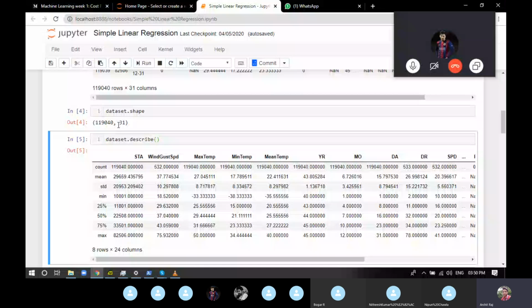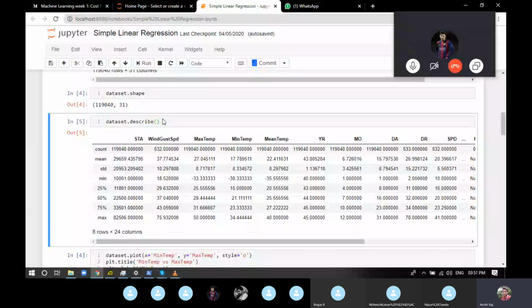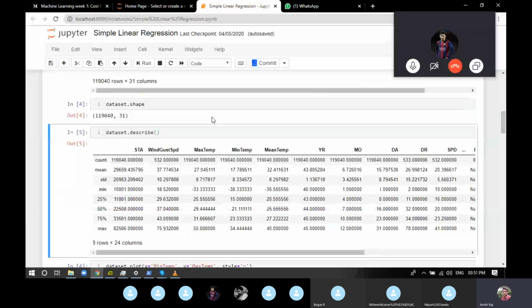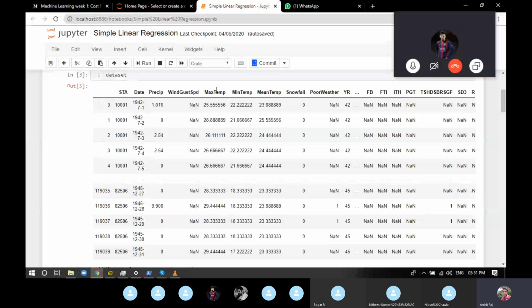Now we'll plot the graph. Out of all the points, we are just taking the maximum temperature and minimum temperature because we are showing linear regression. So we have one independent variable and one dependent variable.